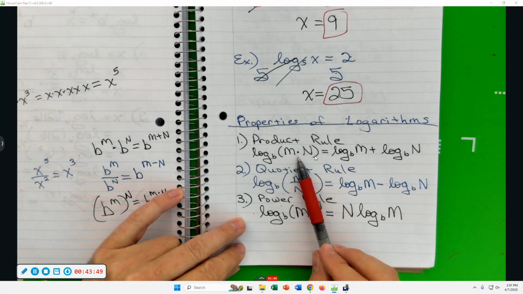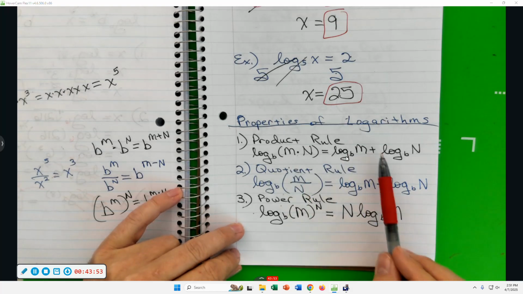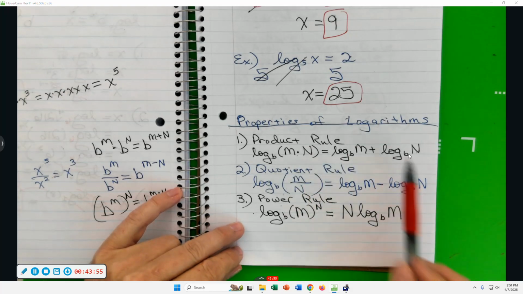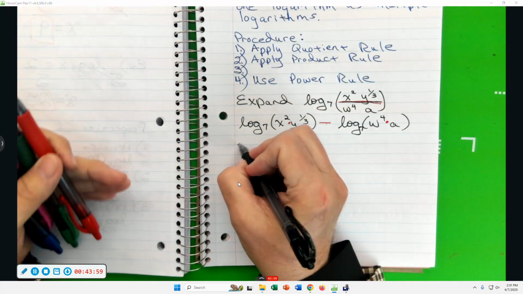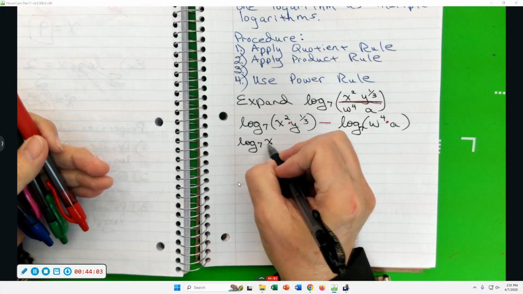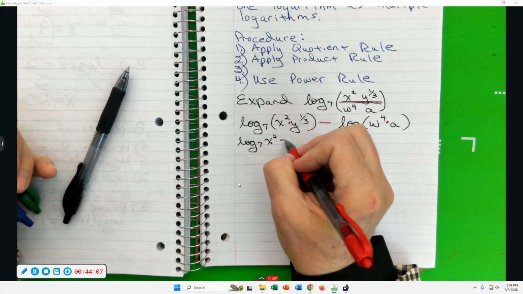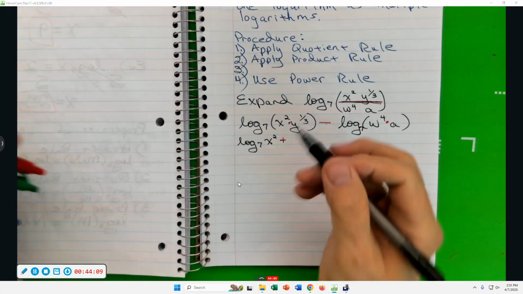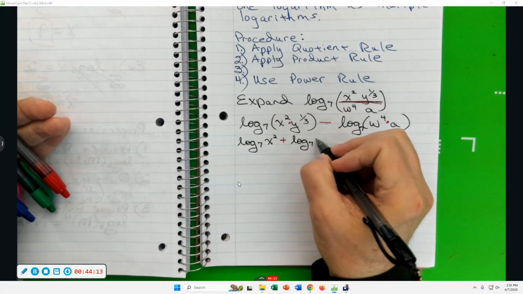The log of a product can be written as the log of the first factor plus the log of the second factor. So we have log base 7 of x squared plus log base 7 of y to the 1/3.